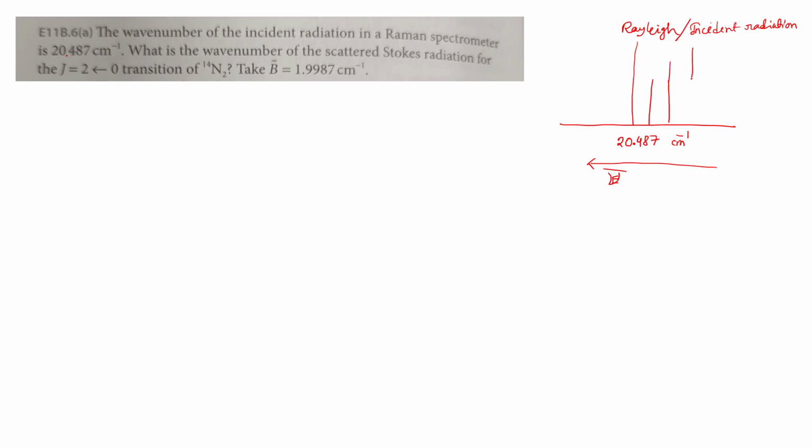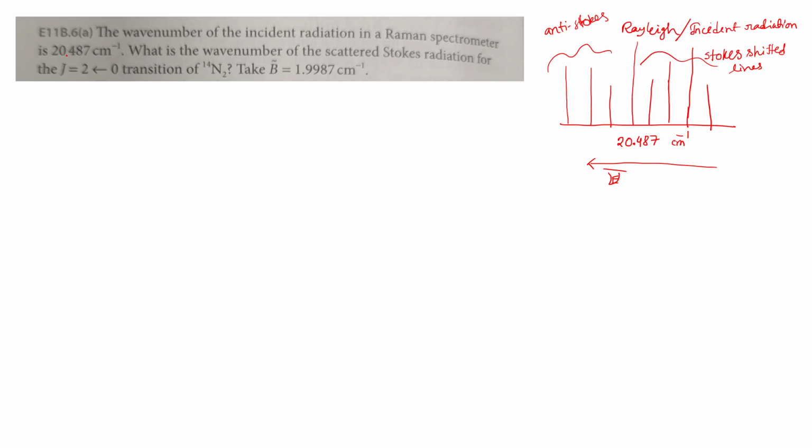They may have some intensity, but let us not go into that. So these will be your Stokes shifted, scattered lines, and here you are going to see anti-Stokes. In case of anti-Stokes, your scattered light has more intensity. In case of Stokes, your scattered light has less intensity. Okay.